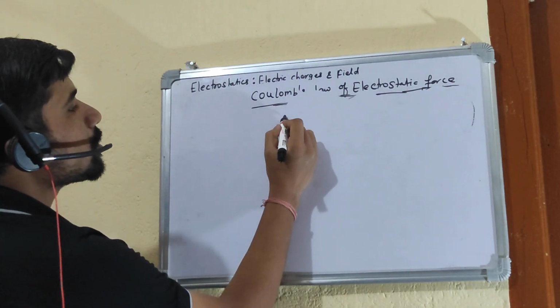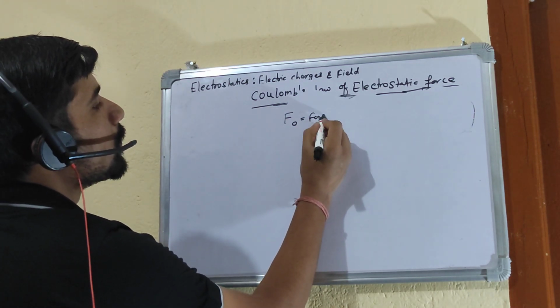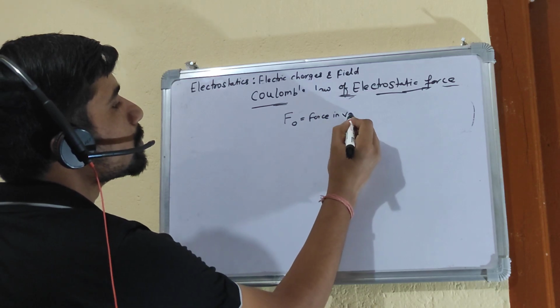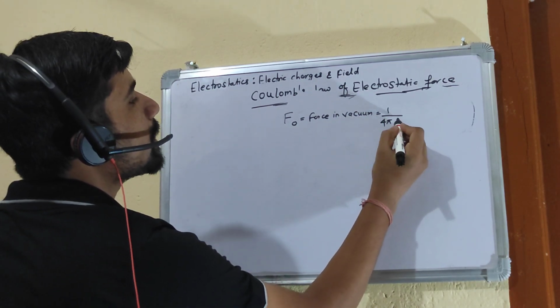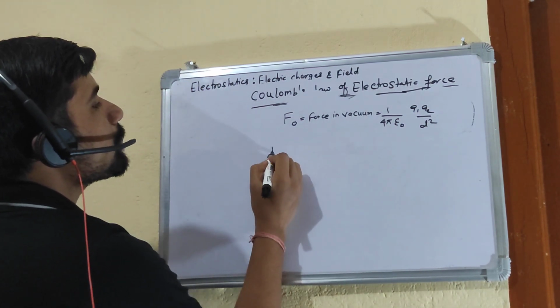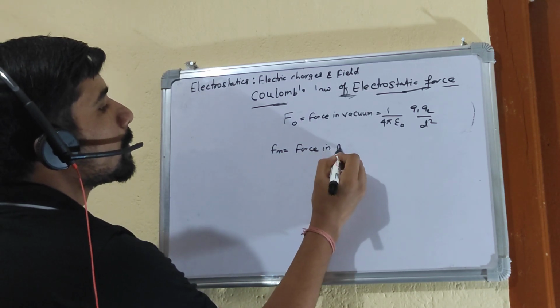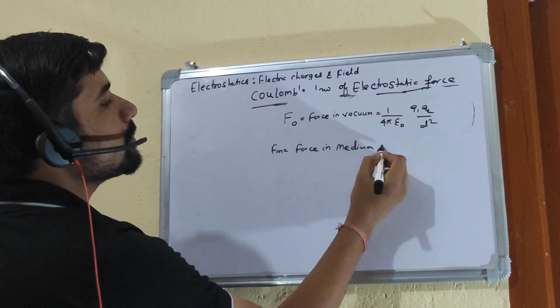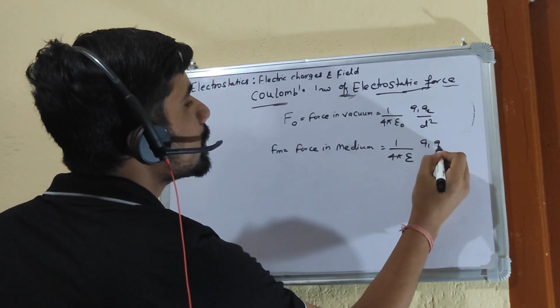Generally speaking, let's say F naught is the force in vacuum, given by 1 by 4 pi epsilon naught q1 q2 by d square, and Fm is the force in a medium. It will be given by 1 by 4 pi epsilon q1 q2 by d square.